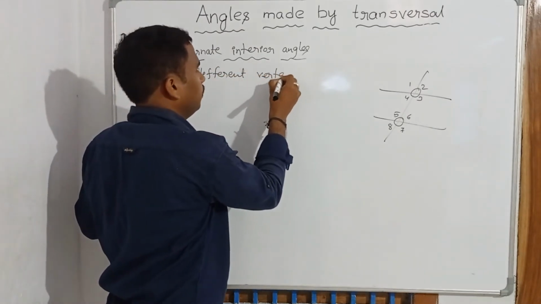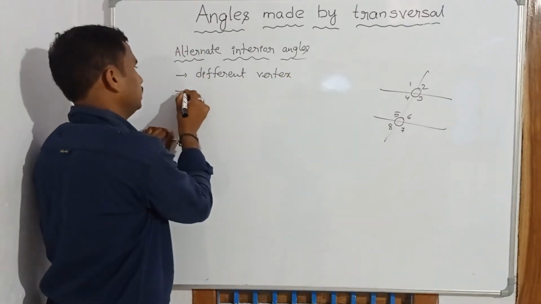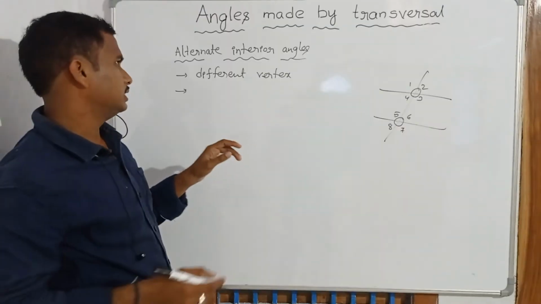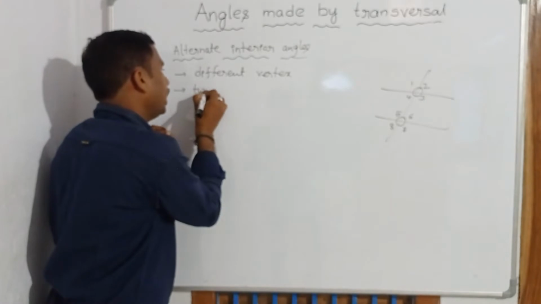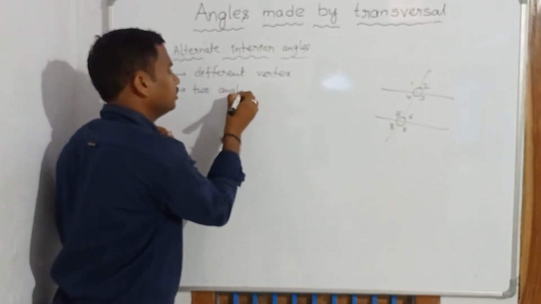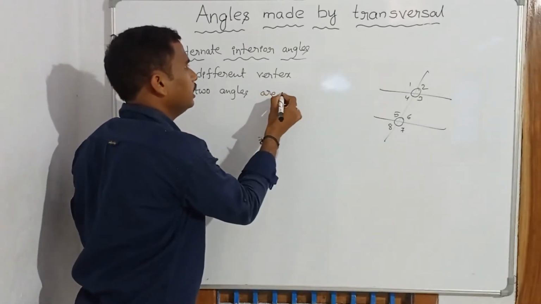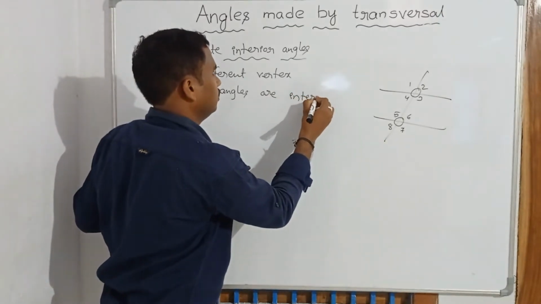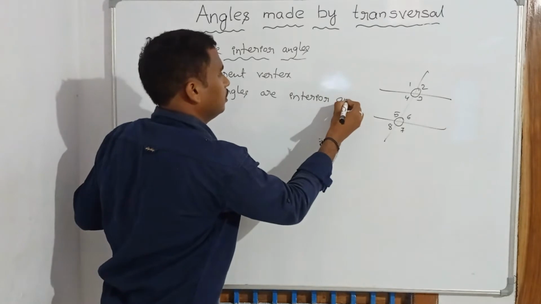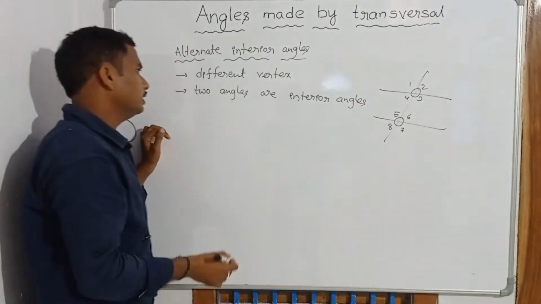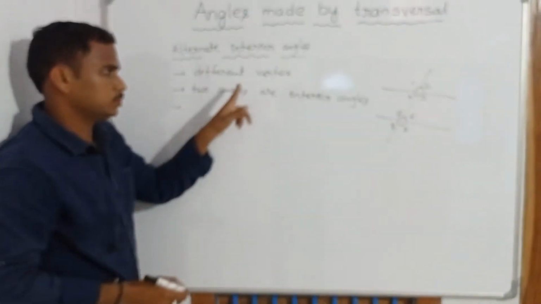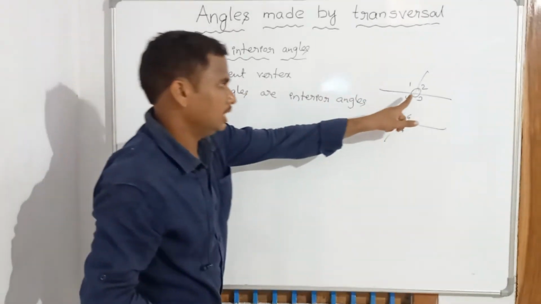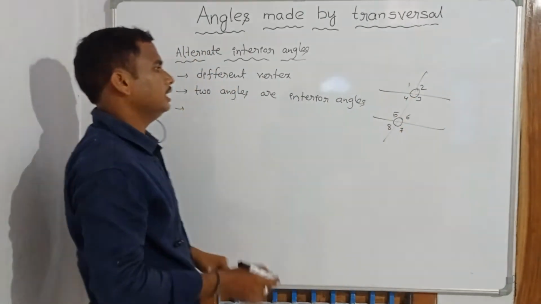Next one, two angles are interior angles. First one, different vertex; two angles are interior.